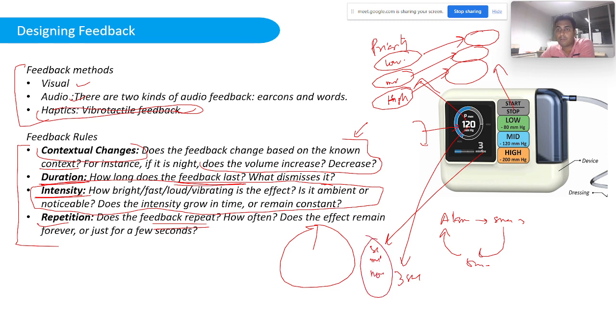That's why you need to update your time every second, following that standard rule of hour, then minute, then second. However, for others there is no standard, so you can choose your own repetition time. So these are the rules for how you can design feedbacks.